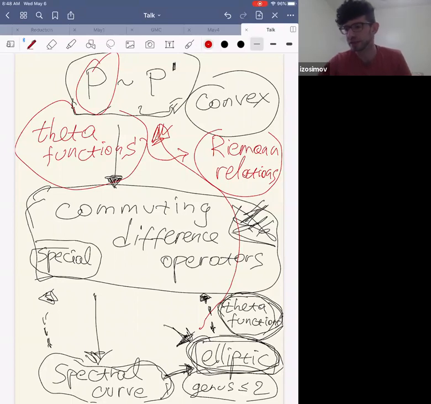Namely, the details on this step, of course, we're constructing the spectral curve out of the operators. It's quite standard. There is a non-standard step when we prove that in the convex case, it's an elliptic curve. There are some tricks used there. Except for that, this step is quite standard. The reconstruction step is also, in a sense, standard.